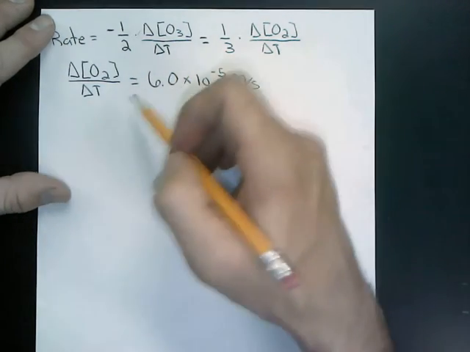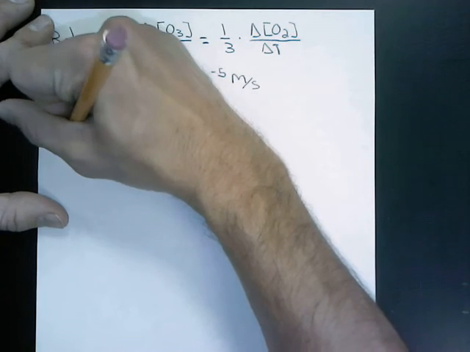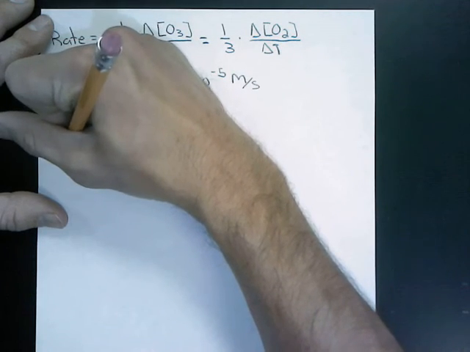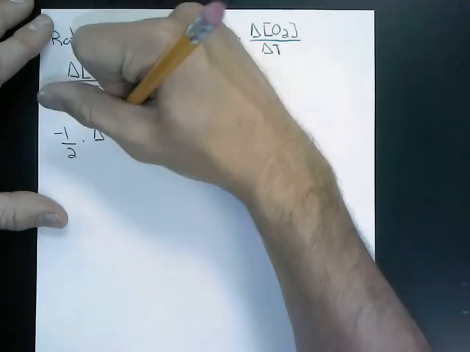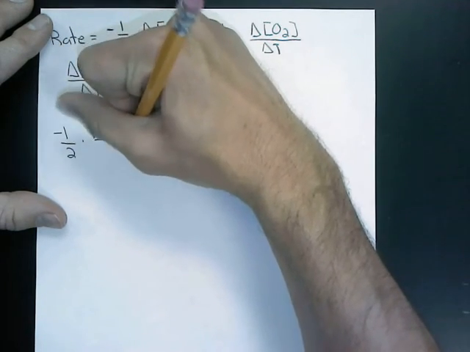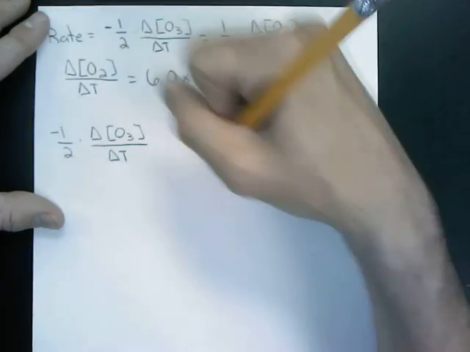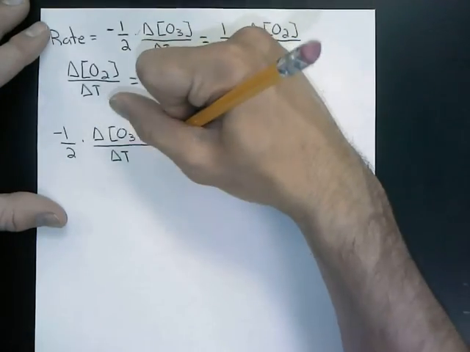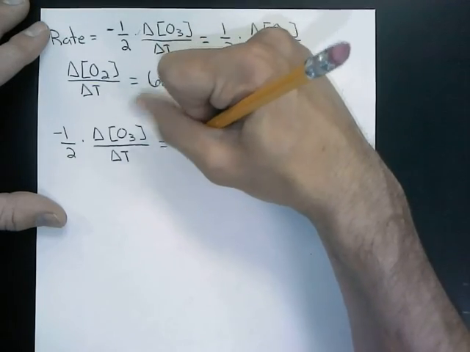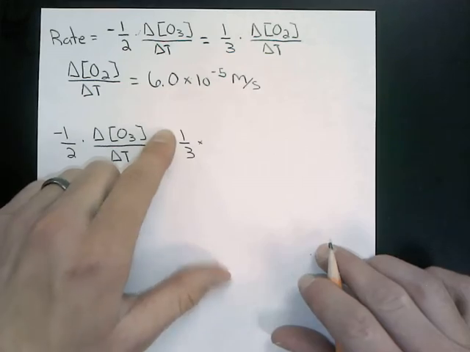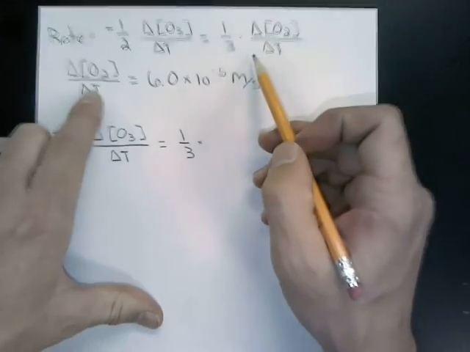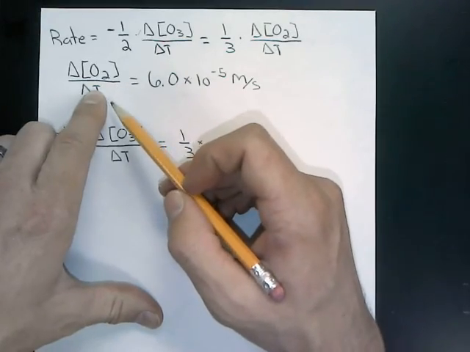So what I'm going to do here is leave this the same. So I'm going to have negative 1 over 2 times the change in the concentration of O3, all divided by the change in time. This is going to be equal to 1 over 3 times, and this is where we have to be careful. Look what we have here. We can do a substitution.